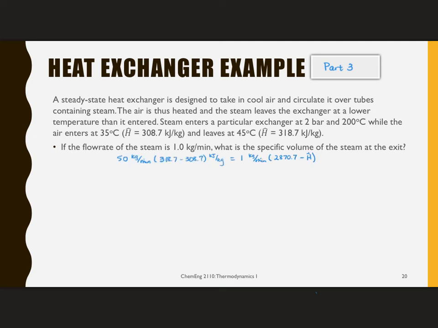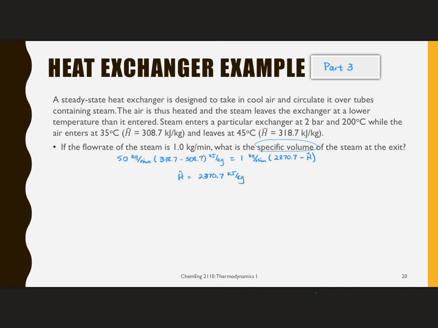Using the formula that we had come up with previously, but rearranged to group all the air terms and the steam terms together, I came up with this. If we solve this for H, it will have units of kilojoules per kilogram, and the value is going to be 70.7 kilojoules per kilogram.